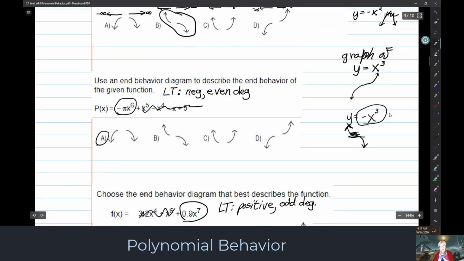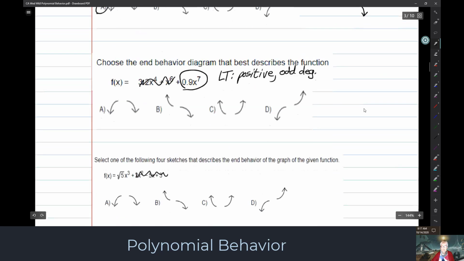These are the models for what happens out at the ends. So we're going to choose this way out at negative infinity and way out at positive infinity. The graph is going to look like this.